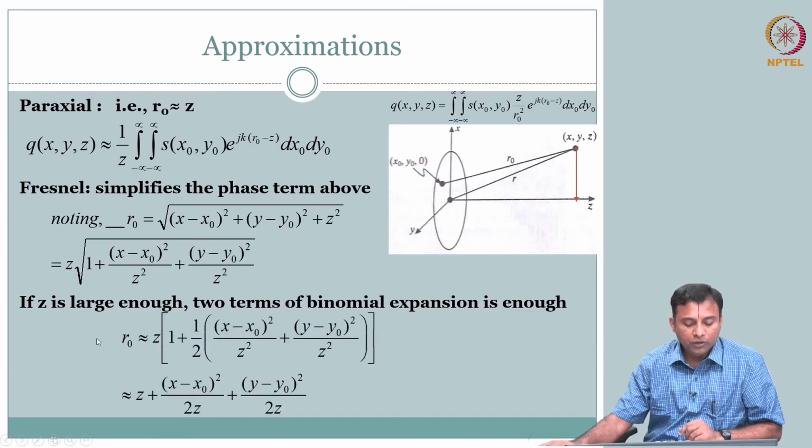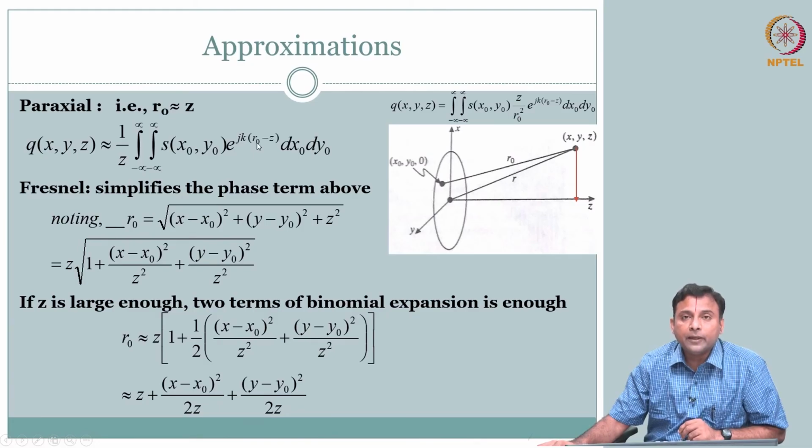If you do that, your r naught becomes z times the square root of 1 plus something, and retaining only the first two terms I have 1 plus 1 by 2 of this term plus this term. Of course, therefore you can write z plus (x minus x naught) squared by 2z and so on. So where are we going to use this r naught?